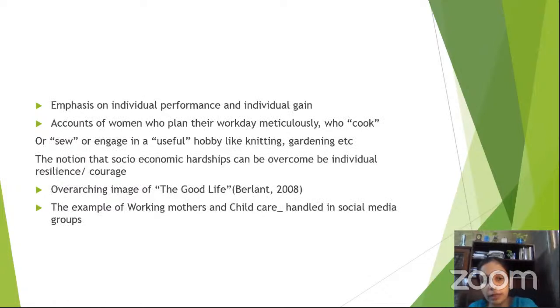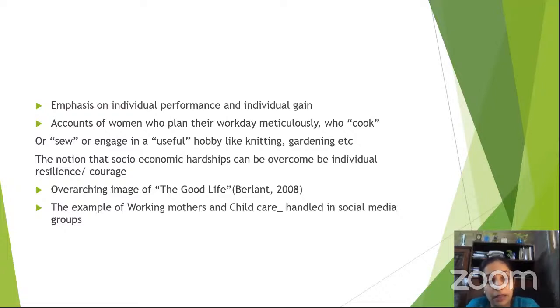One sees a lot of emphasis on individual or personal performance and individual or personal gain. So we have accounts of women who plan their workday meticulously, who engage in certain activities, and the notion that socio-economic hardships can be overcome by the individual striving of individual women, because their resilience and courage is evident.